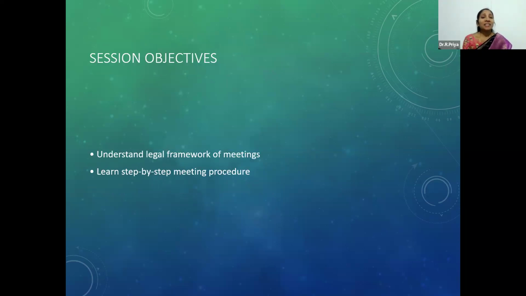Understanding the legal framework of meetings. In this session, we will first understand the legal backbone of company meetings as prescribed under the Companies Act 2013. Under that Act, the relevant Secretarial Standards are SS-1 and SS-2.